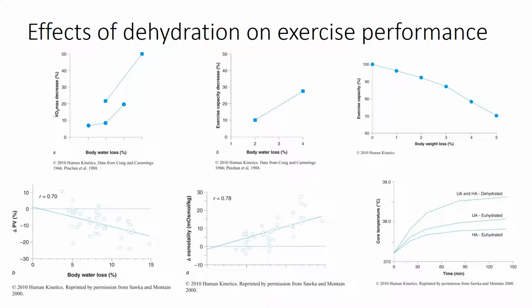We're going to see this relationship trending forward the greater amount of loss we have. Now, what's interesting when it comes to this fluid loss, looking at our plasma volume and our osmolarity, notice not everybody is losing fluid at the same rate. Some folks are going to have greater, some lesser, based upon how their own physiology responds.